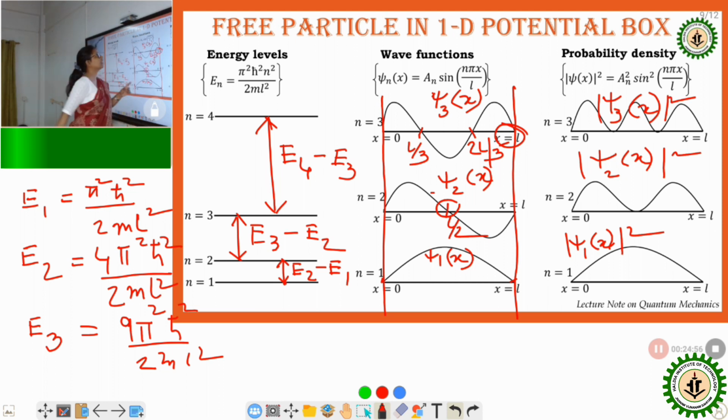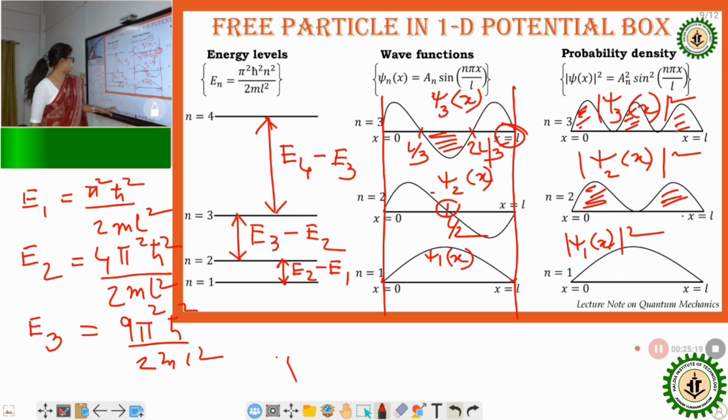That means there will be no negative part. You see, this slope is positive and this slope is negative, but when calculating the probability density you show it as the positive part, again positive, again positive. So the negative part comes upward.